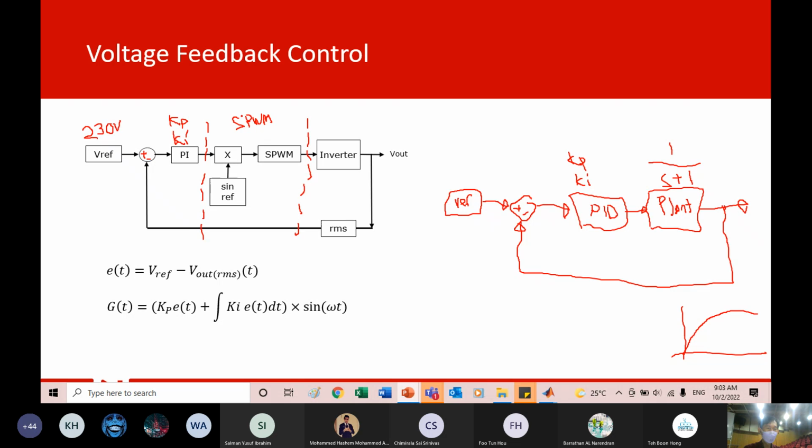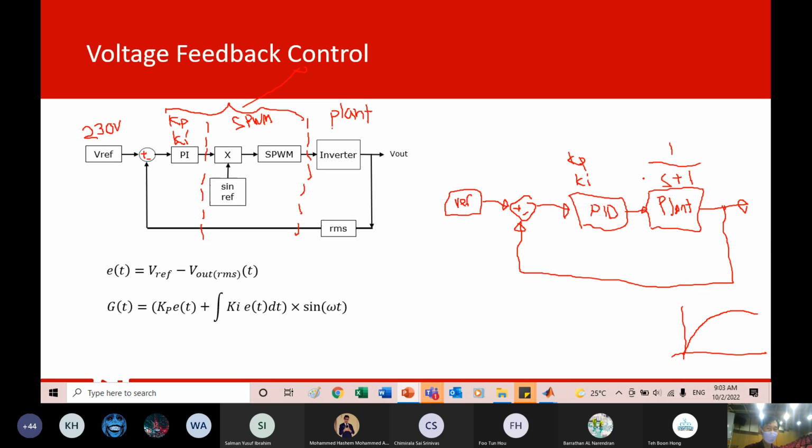So the whole thing here is the controller. And of course, the inverter. This inverter consists of what? Four switching devices, a full bridge, plus the L and C filter. So this one is representing the plant.